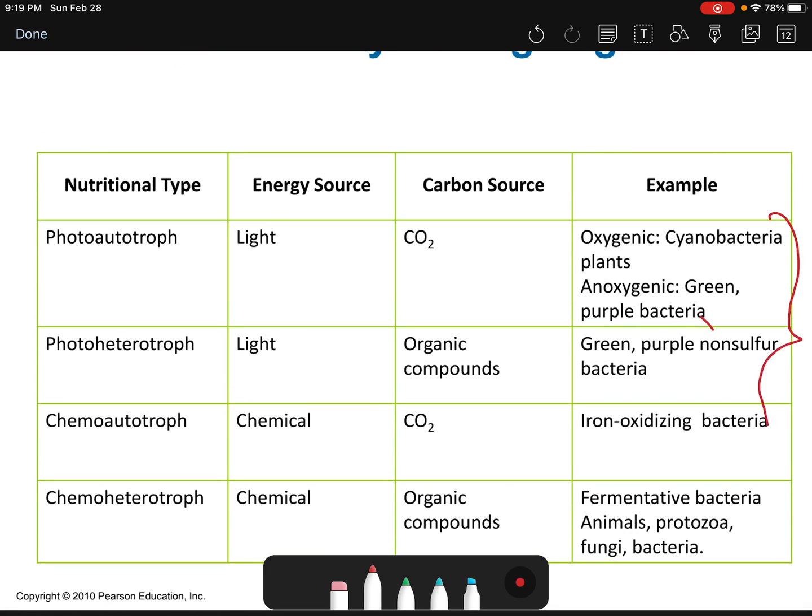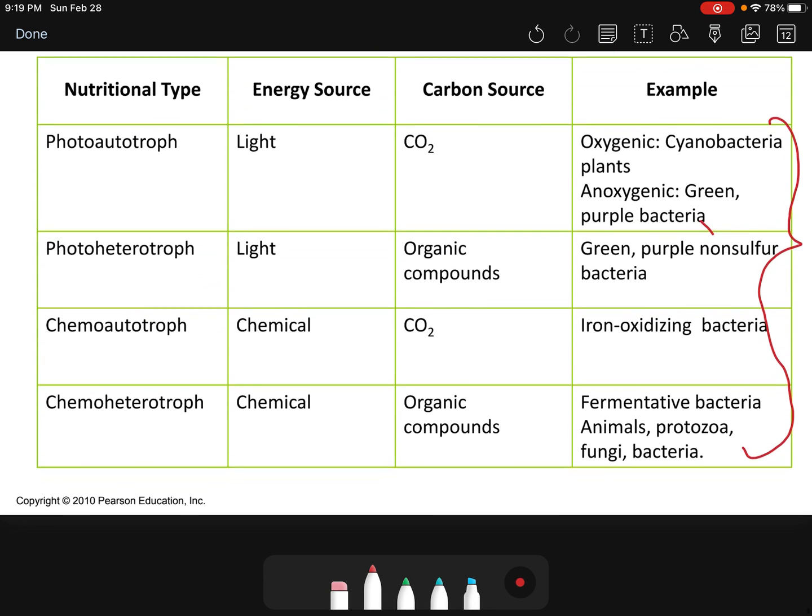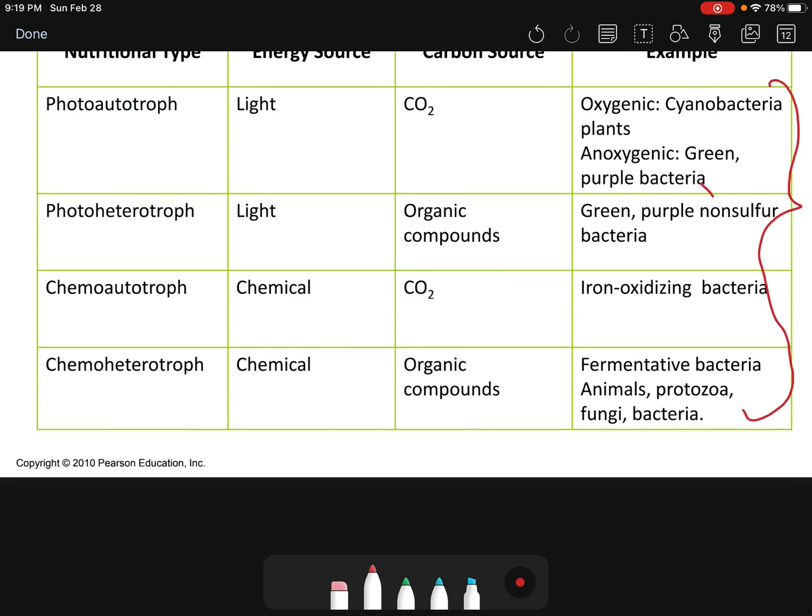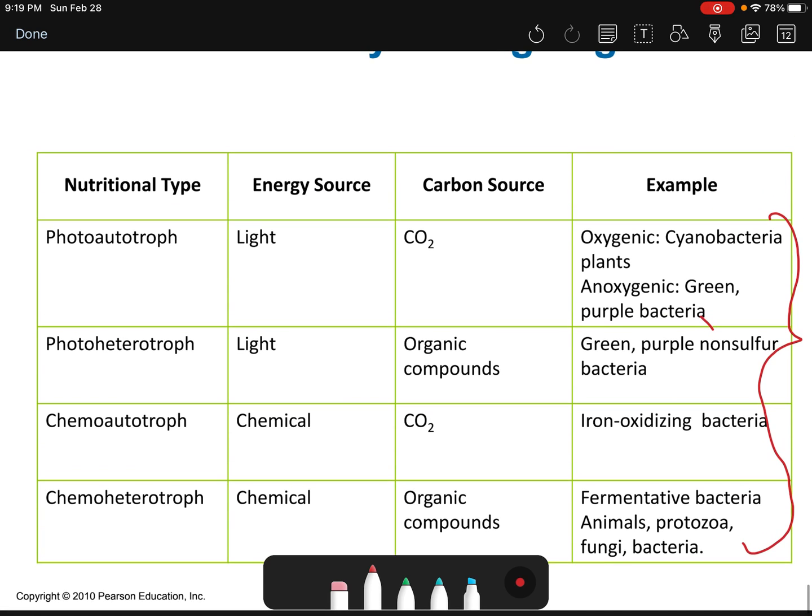Here are some of the different bacteria and other microbes that fit into some of those categories. So we use just some of those terms in terms of how bacteria get their types of nutrients to obtain their energy.